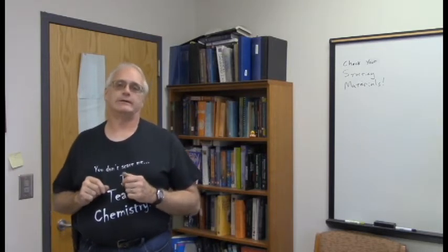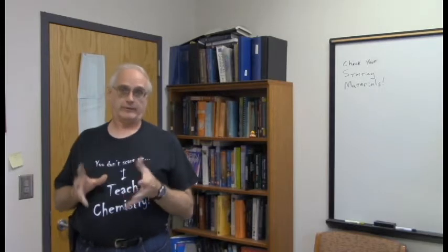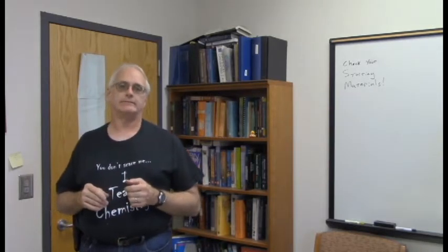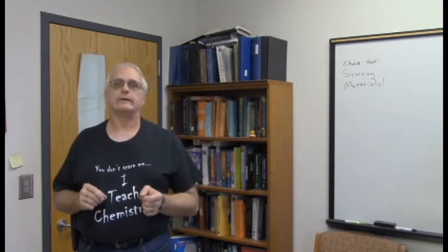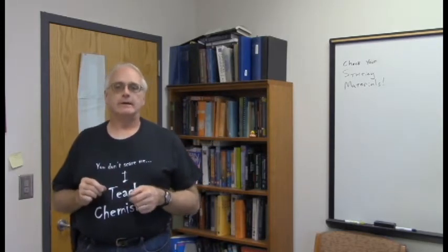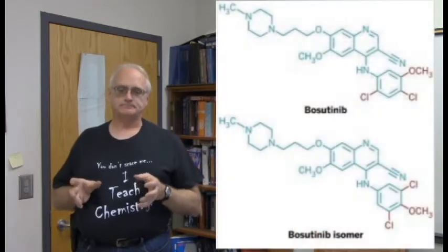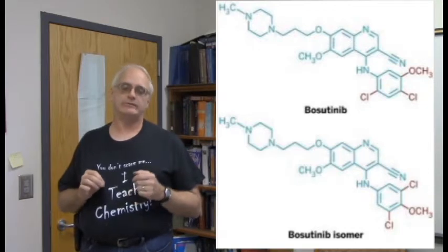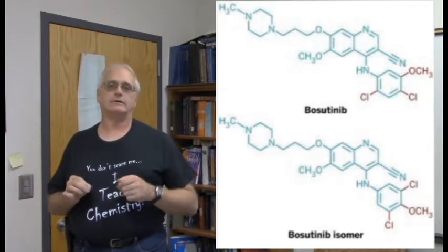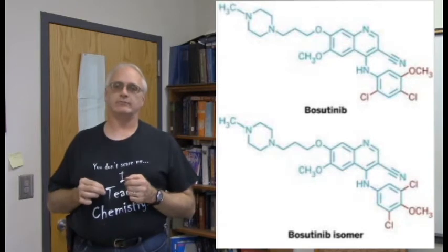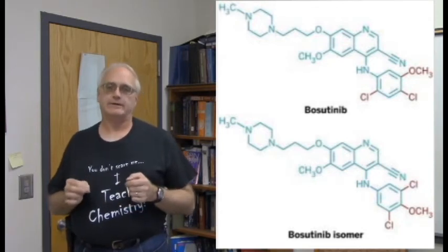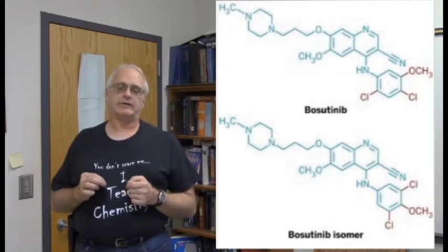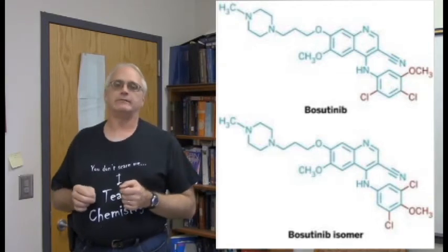And one of the groups did a full NMR study of their starting material and discovered that some of the batches they had bought on the open market were not correct, were the wrong isomer. This is the graphic from the article. They highlight on the top here the actual bosutinib molecule, and down below is what they believe was the false bosutinib, the incorrect isomer that was sold as genuine bosutinib by some manufacturers.